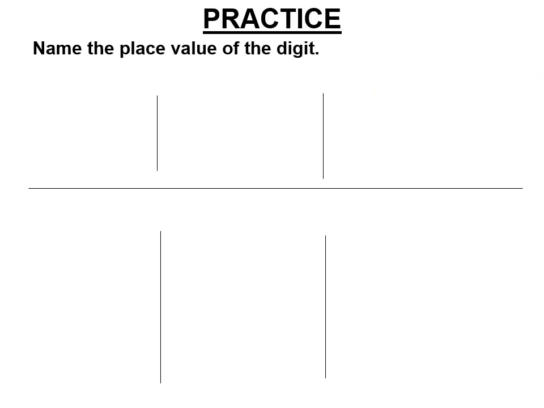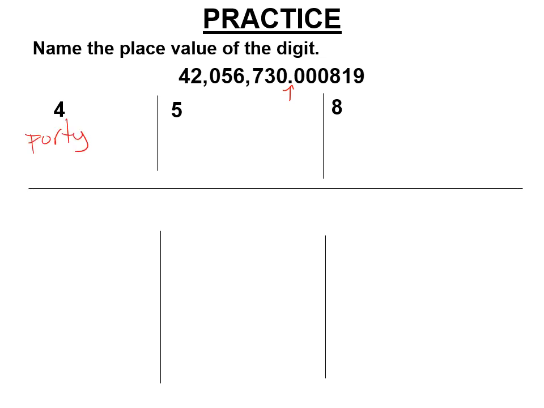All right, so let's practice. What are each of those worth? Well, there's our decimal point. And so once again, this is 40, and notice 40 does not have a U in it, even though 4 is O-U-R, but 40 million. The 5 is 50,000.